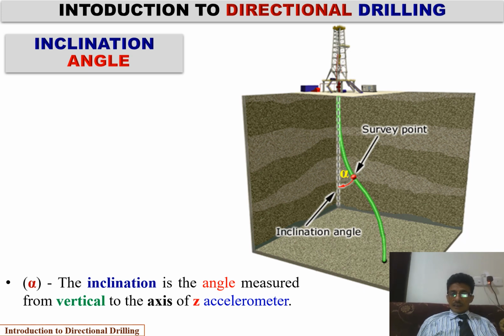The inclination angle is the angle measured from the vertical to the axis of the Z accelerometer. This is the vertical side, and the inclination angle alpha at the survey point; there is a horizontal displacement from the vertical side, and this is the target.